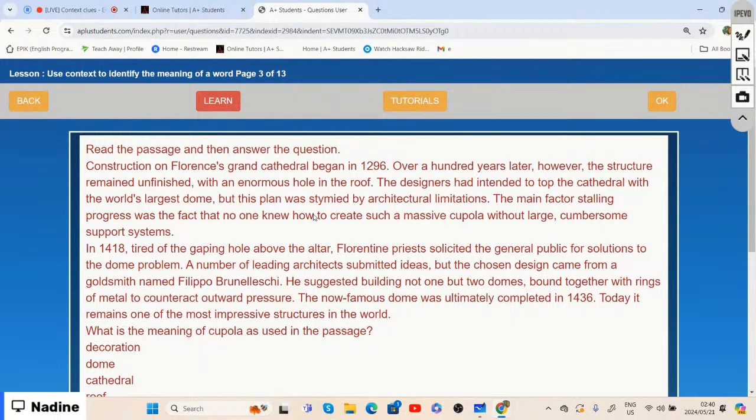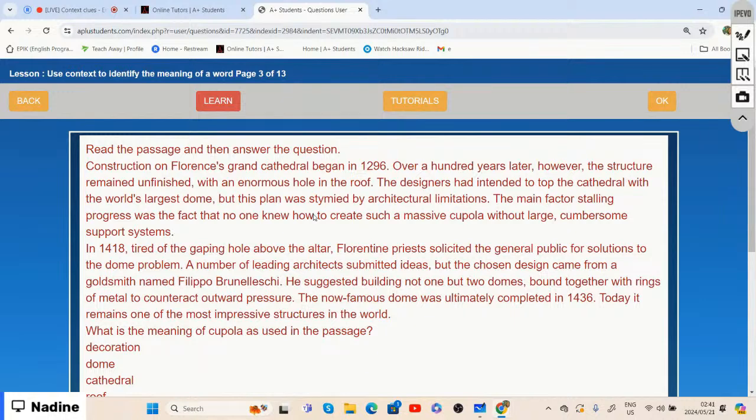The designers had intended to top the cathedral with the world's largest dome, but this plan was stymied by architectural limitations. The main factor stalling progress was the fact that no one knew how to create such a massive cupola without cumbersome support systems.